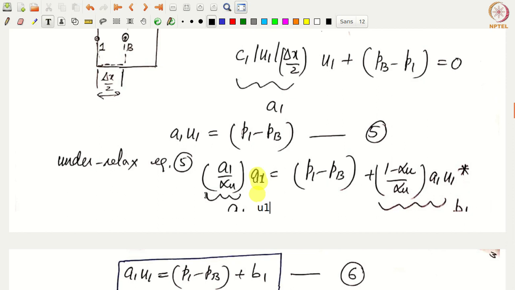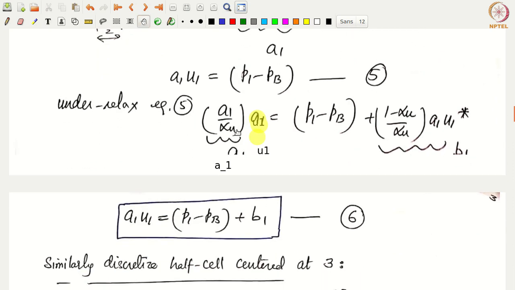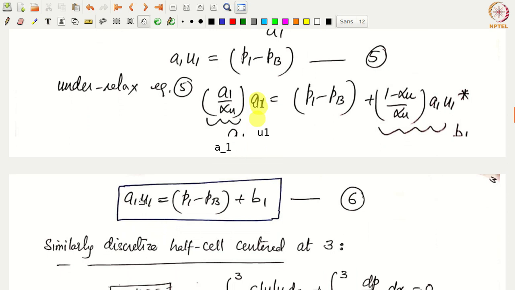Let's call this coefficient A1 by alpha U again as A1. Then this would become B1. Then we have an under relaxed equation that is A1 U1 equals P1 minus PB plus B1. So equation 6 is the under relaxed discrete momentum equation for the half boundary cell, which we want to have, because in order to apply boundary conditions and to get the value of the pressure P1 on the boundary, we would need this equation.